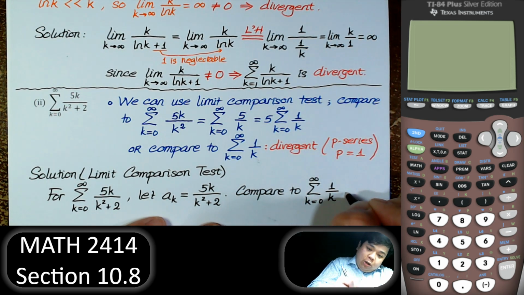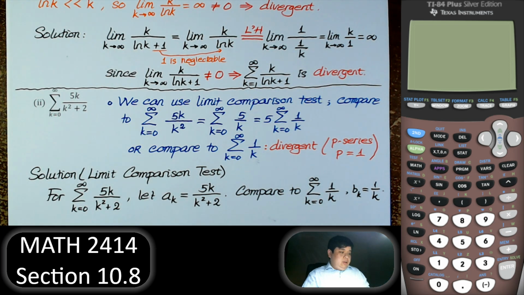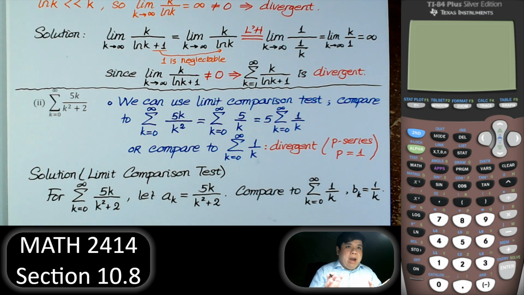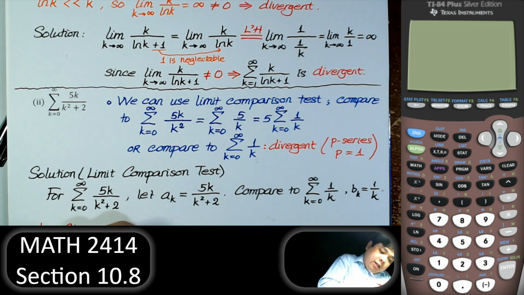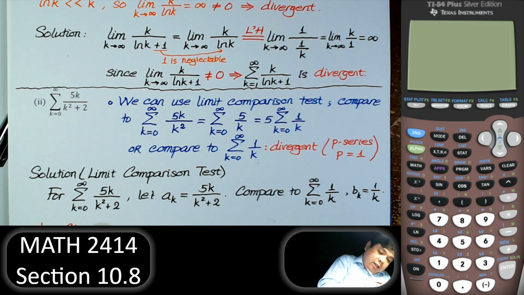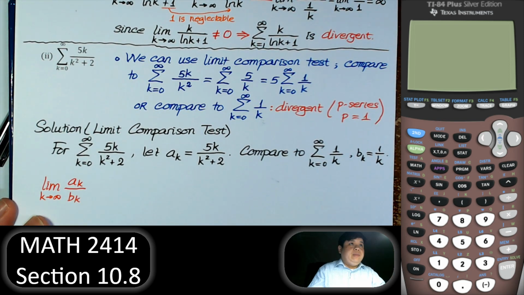When we compare to that, b of k is equal to 1 over k. Right. Of course, when we set it is divergent, then this is divergent. We actually have to show this. We need to show the limit of h of k over b of k as k goes to infinity. So we will do that.